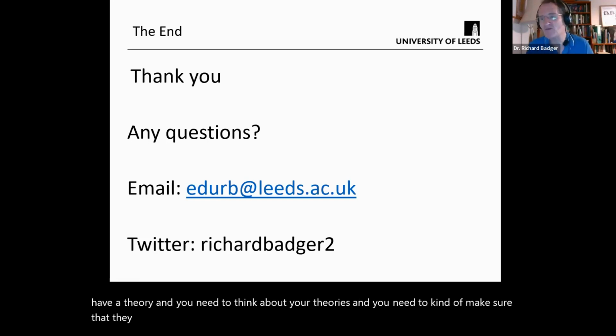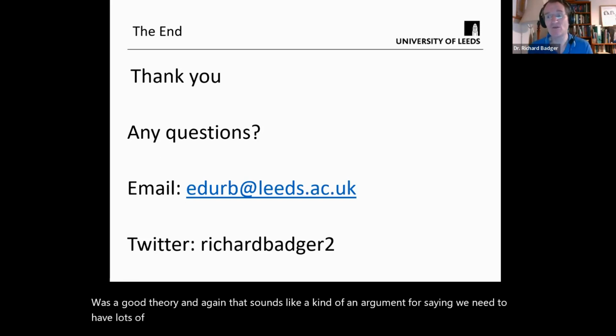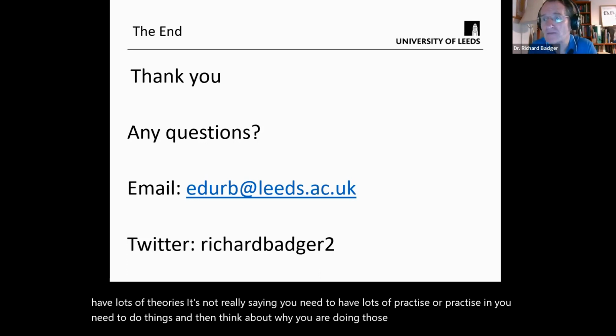One of the little phrases academics like is that there's nothing so practical as a good theory. That sounds like an argument for having lots of theories, but it's not really. It's saying you need to do things, and then think about why you are doing them. That why is your theory.